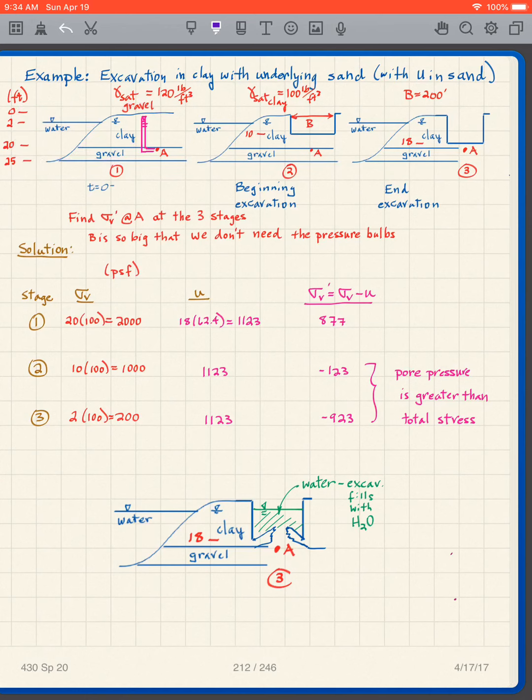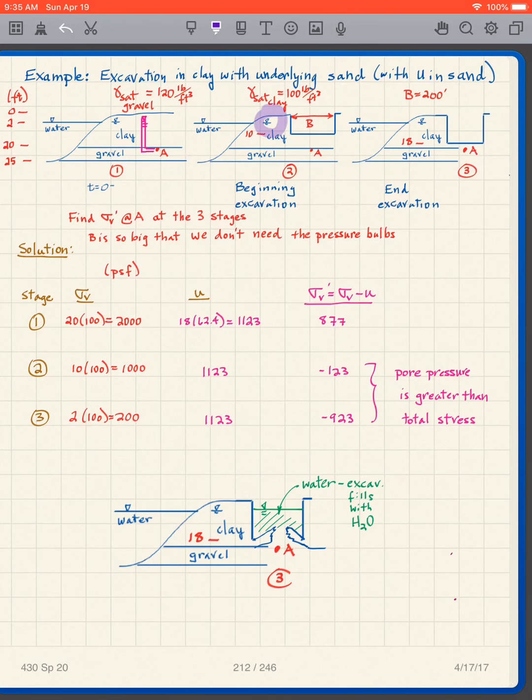So we start to dig our basement, and we dig to 10 feet. As we dig this basement now, the question is, will our excavation be dry? It can be, even though we're digging below the water table.